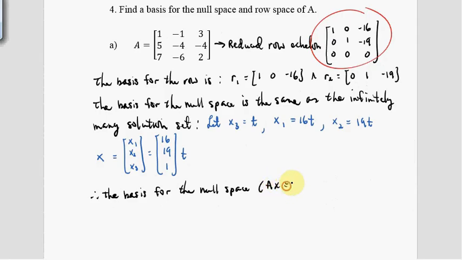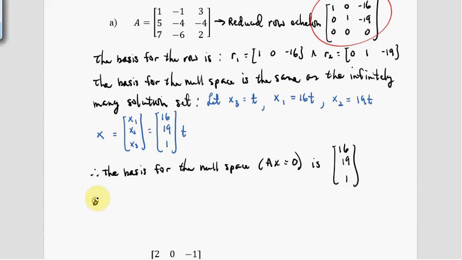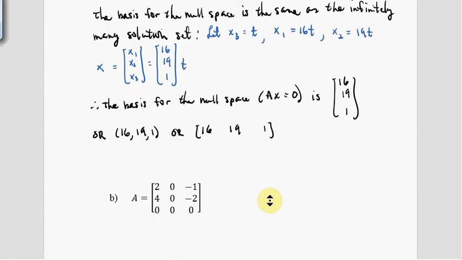Because you're trying to solve Ax equal to 0, with 0 set to be the null. Right? So the basis for the null space is this vector 16, 19, and 1. Several ways you can write it. You can say 16 comma 19 comma 1, or you can write it as a matrix 16, 19, and 1. Okay.